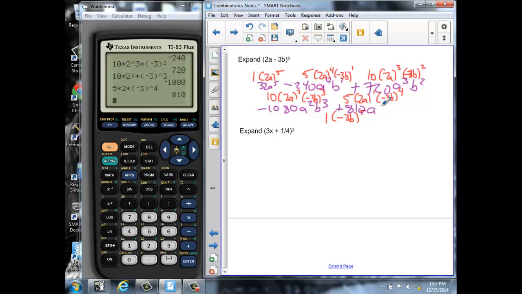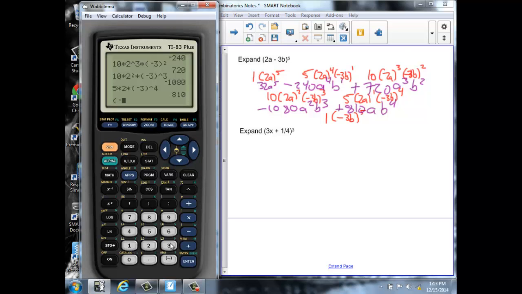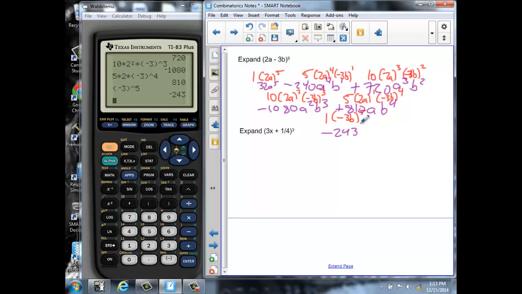So 810. And that's just a single A with B to the 4. And then the last one, 1 is kind of pointless, so just go negative 3 to the 5. And then you got negative 243 B to the 5.